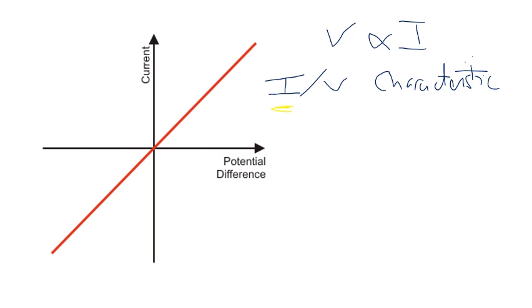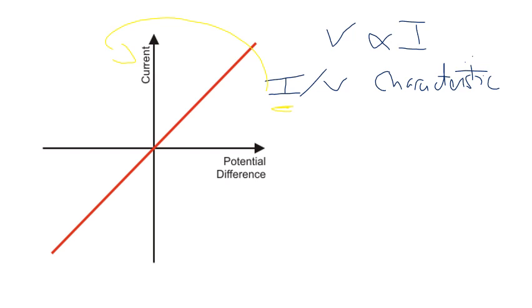I's first, and the thing that's first is the thing that's on the y-axis. And so when we normally draw IV characteristics, we draw the current on the y-axis and the potential difference on the x-axis. Of course, that's the other way around to the way I asked you to draw it.